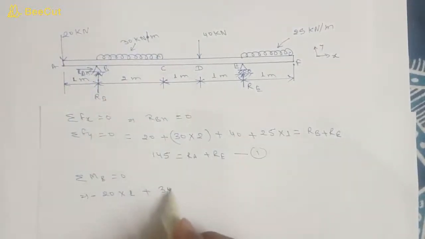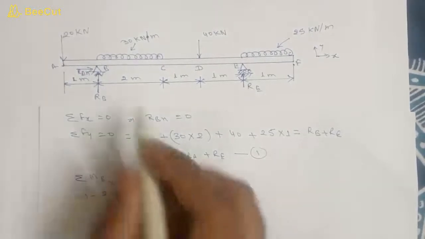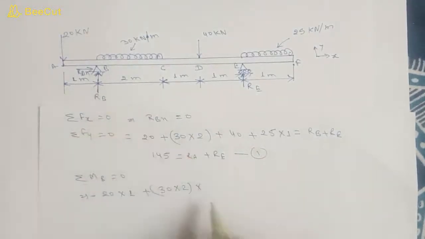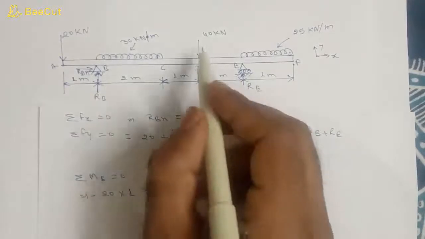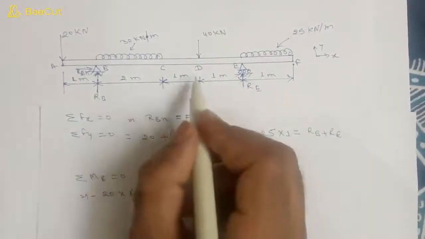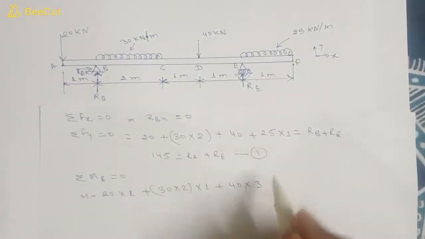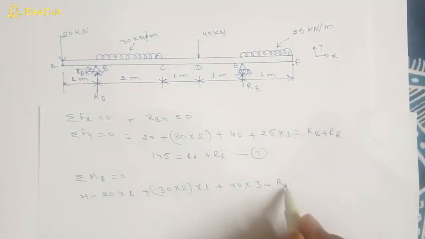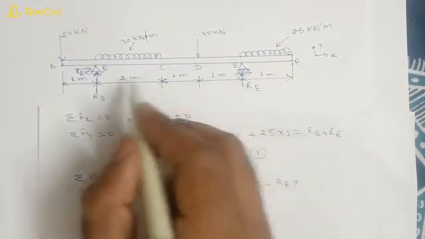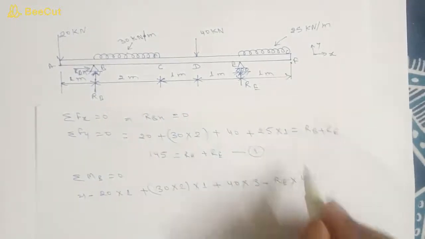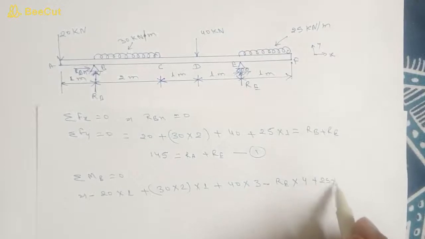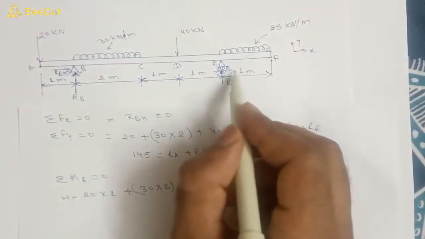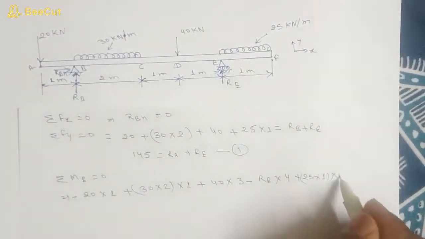So 30 into 2 is total weight into distance of the centroid of this weight from the support B, which is 1 meter, so into 1, plus 40 into this distance is 1 plus 2, 3 meter, minus this is counterclockwise, so minus RE into 1 plus 2 plus 1, 4, plus 25 into 1 is weight into distance, half of this is 0.5, and 2, 3, 4, 4.5.